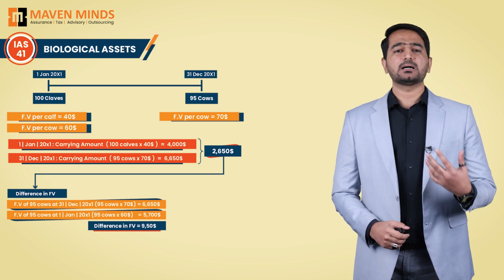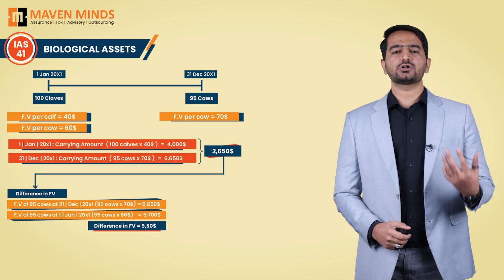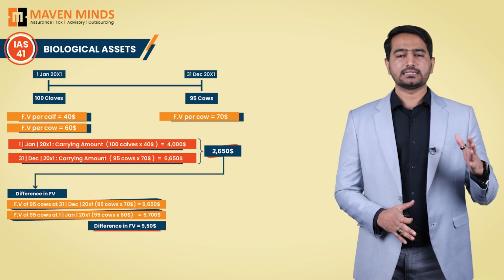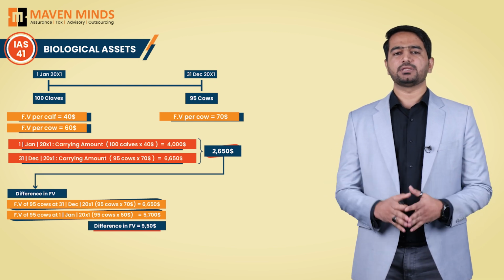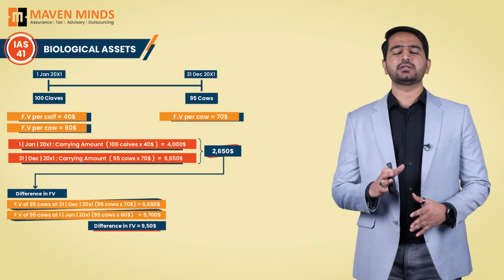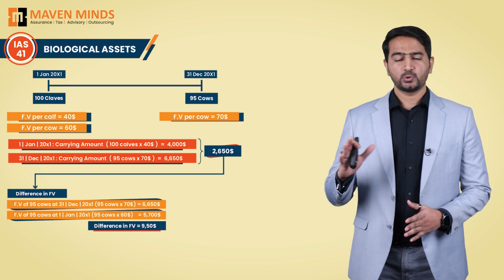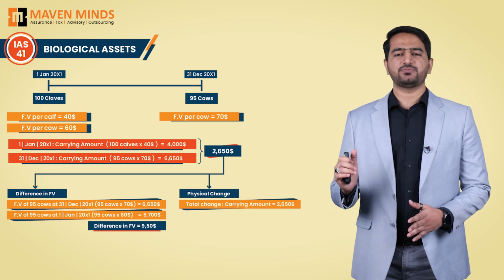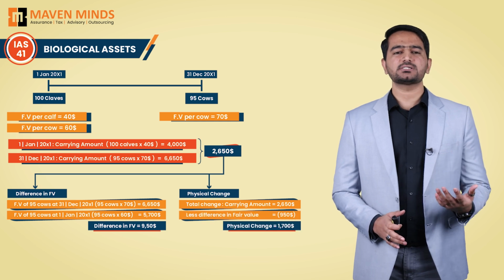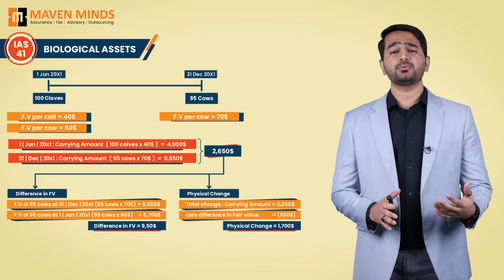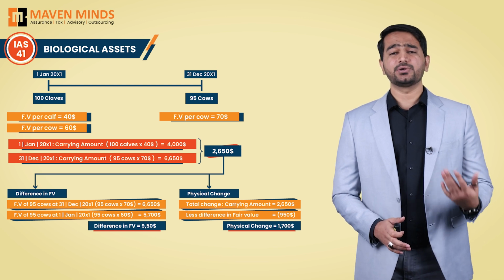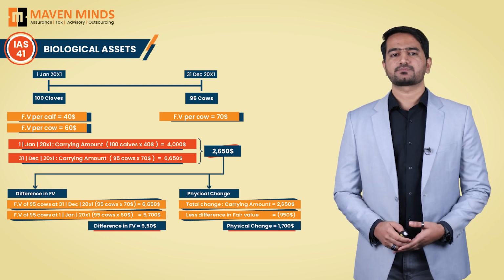So you are effectively comparing the fair value less cost to sell of the same asset, cow in this case, at the end and at the beginning of the period. Now, the remaining difference of $1,700, that is total change of $2,650 less fair value change of $950, is the difference attributable to physical change or to the fact that calves grew and became cows.